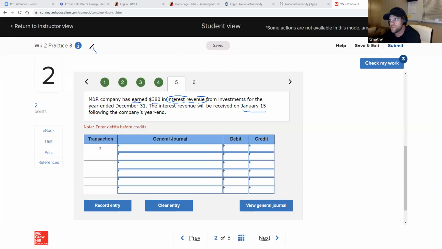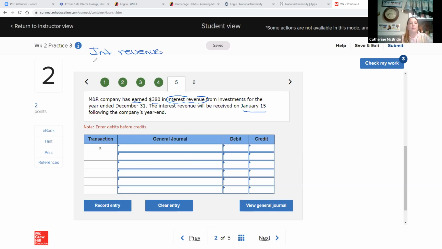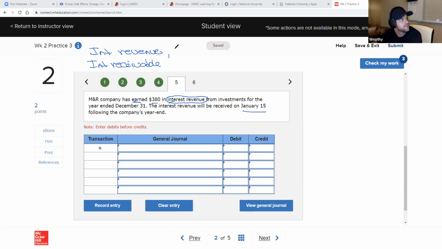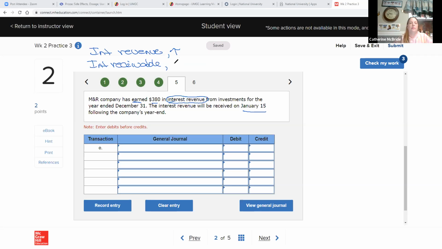Interest revenue and interest receivable. Yep. Did interest revenue increase or decrease? Increase. Did our interest receivable increase or decrease? Increase. This is revenue. What type of account is interest receivable?